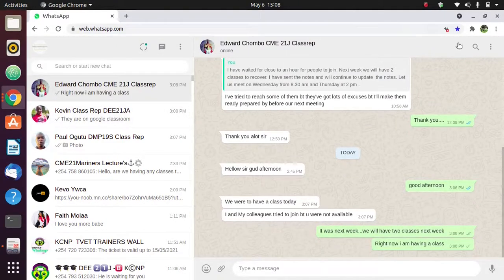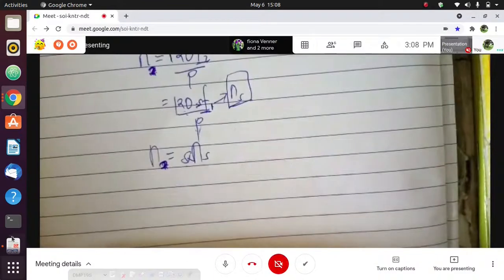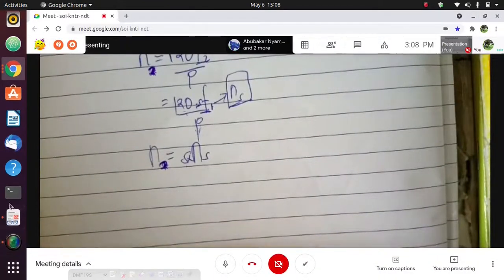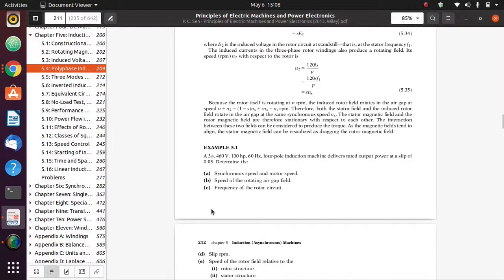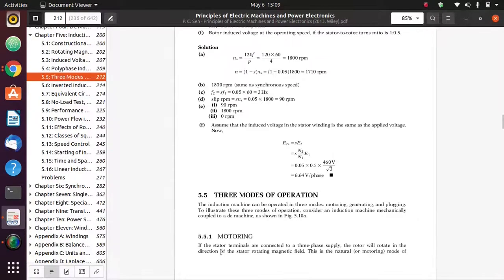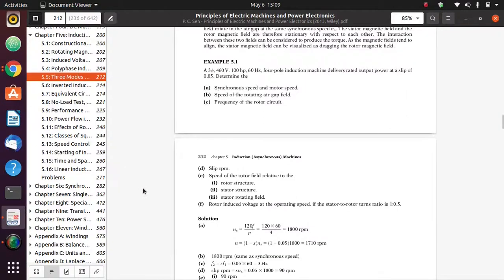Now the question is asking us, we are told that a three-phase 460 volt, 100 horsepower, 60 hertz, 4-pole induction motor delivers a rated output power at a slip of 0.05. You are told to determine A, the synchronous speed and the motor speed. We first list what we have in that question.